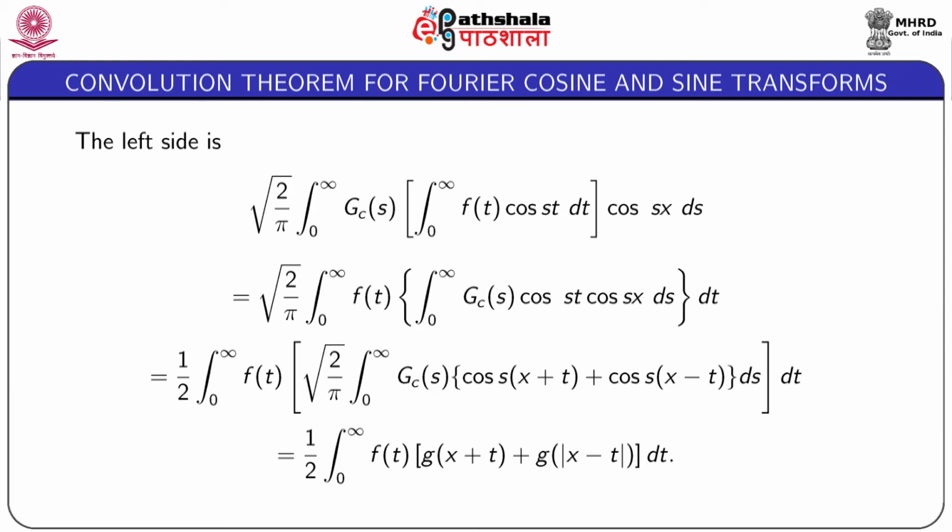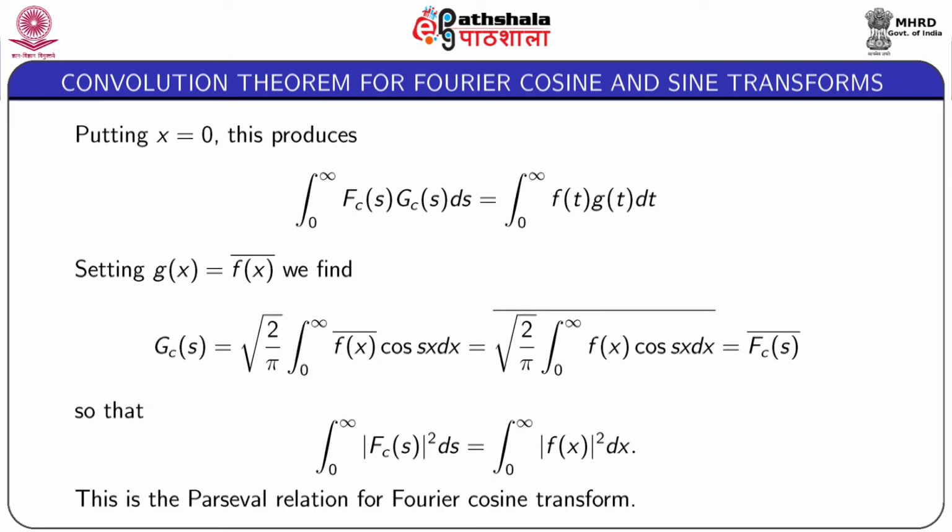So we get the result half of integral f(t) into [g(x plus t) plus g(x minus t)] dt. So, we have proved this result for the Fourier cosine transform.